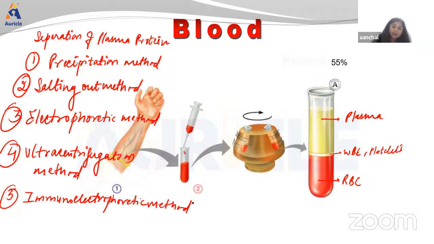The proteins are separated on the basis of electrophoretic pattern formed by precipitation at the site of antigen-antibody reaction. This technique provides valuable quantitative measurement of different proteins. Okay, so this is all about the methods which are used for the separation of plasma protein.